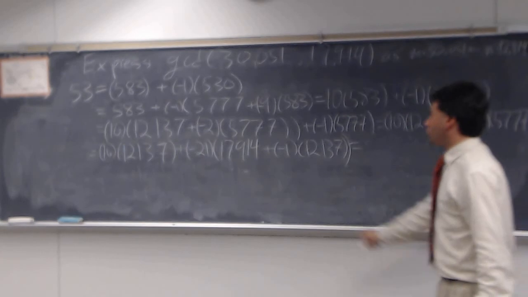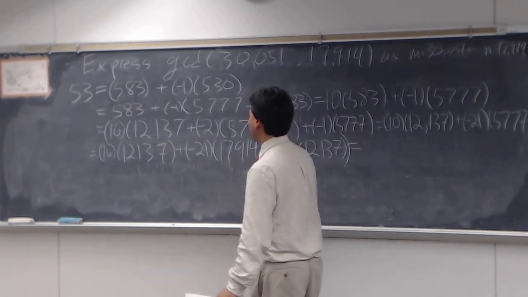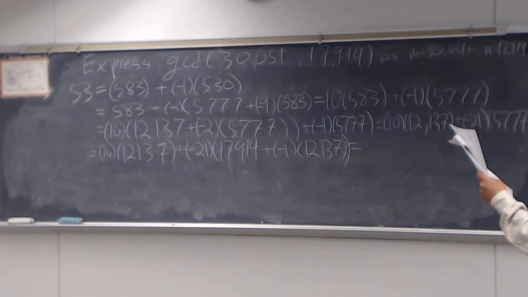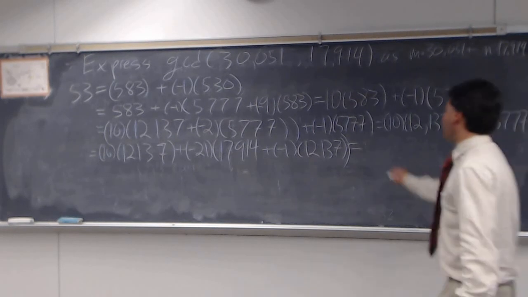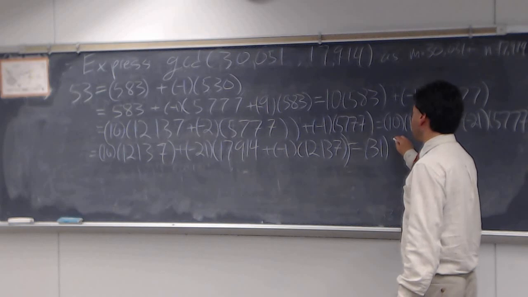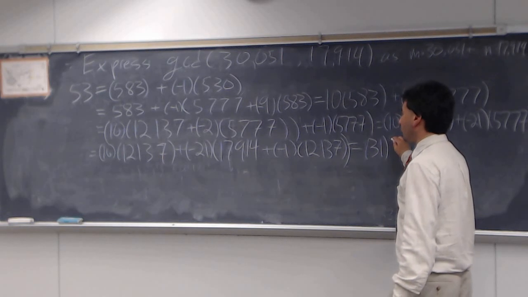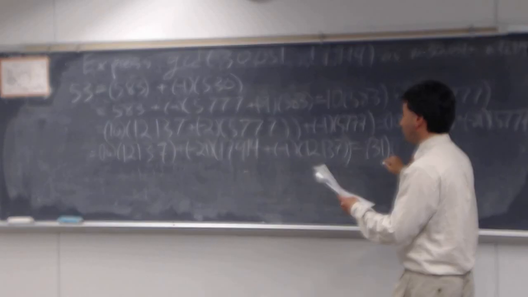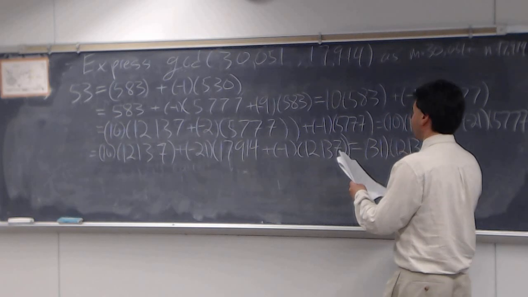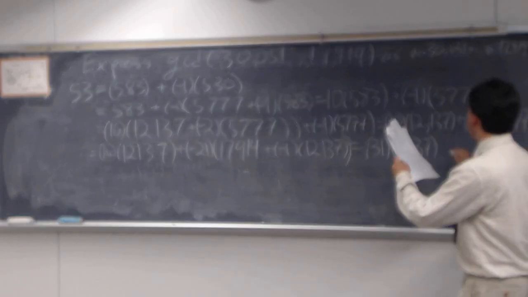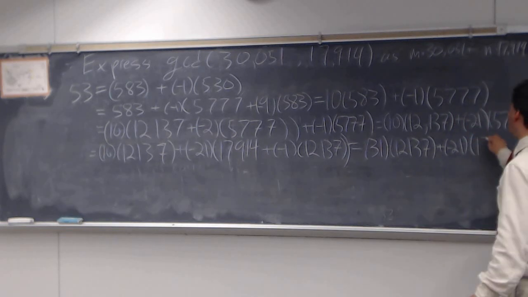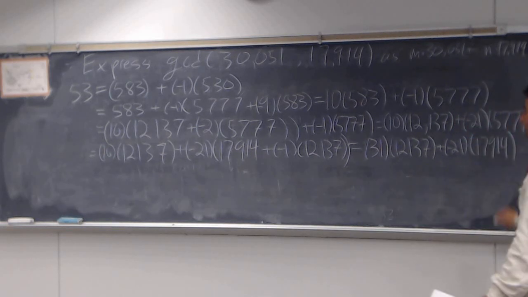So for the terms, negative 1 times negative 21 is a positive 21, plus 10 would give us a positive 31. So we have 31 of these 12,137, and then we have negative 21 of these 17,914.